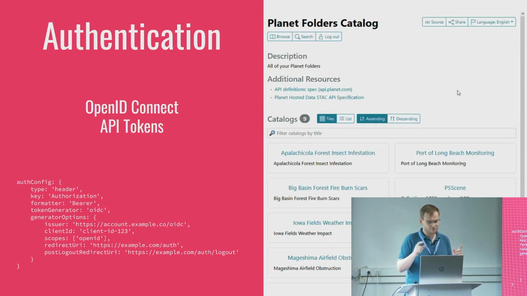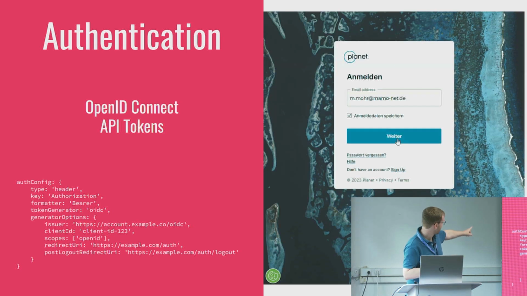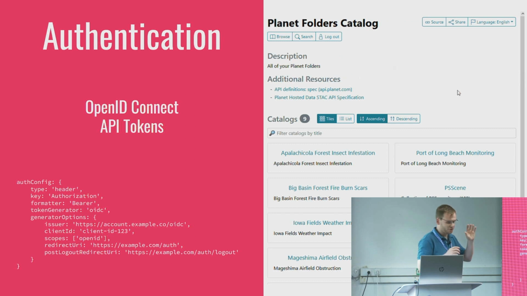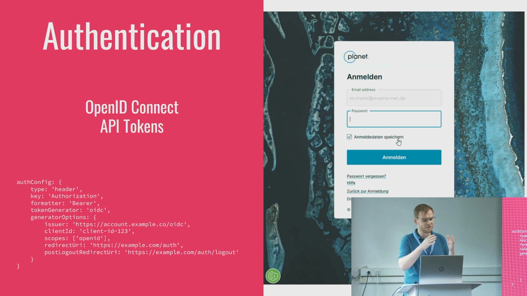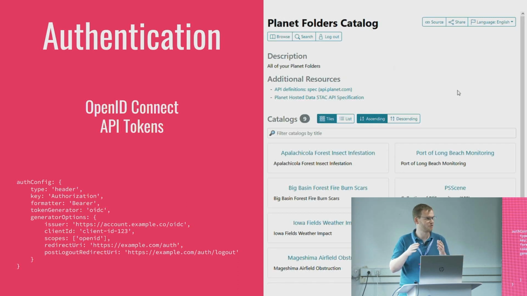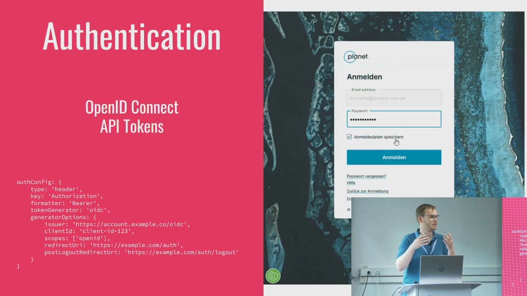You can also configure API tokens with some authentication config that is down here as an example. Depending on where your API token goes, it could be sent via the header, or it could be sent via query string, and you can configure which key it has. Some use just key, some name it token, right?